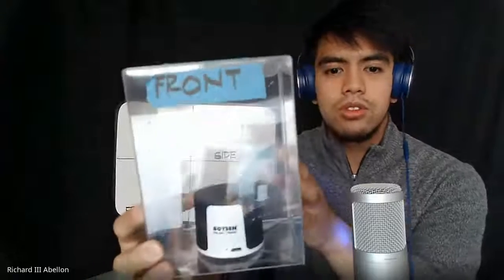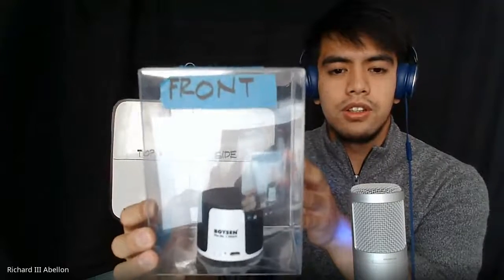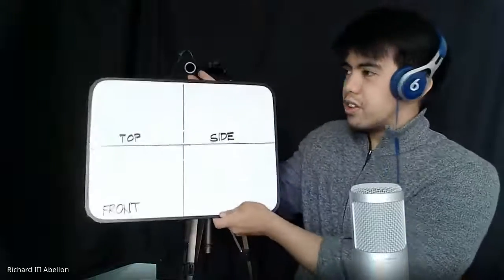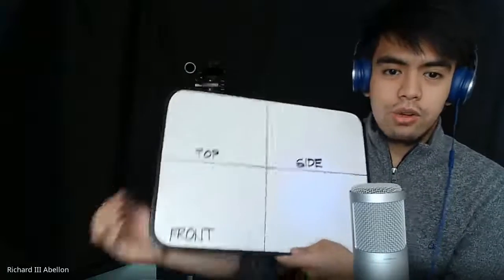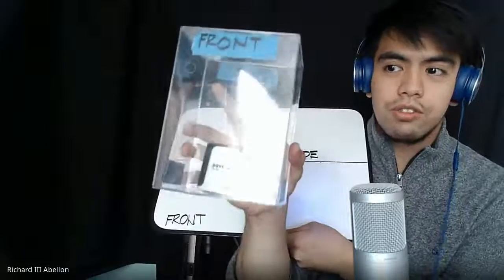Okay? So, since ito yung front, ayan, pakita ko lang ulit, makikita natin yung Boysen na logo dito. Then, meron yung black and white na design. Ayan. So, sa front, ang i-drawing natin is kung ano yung nakikita natin dito sa front. Okay?